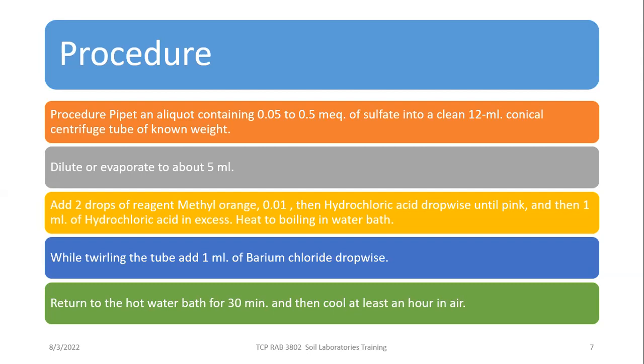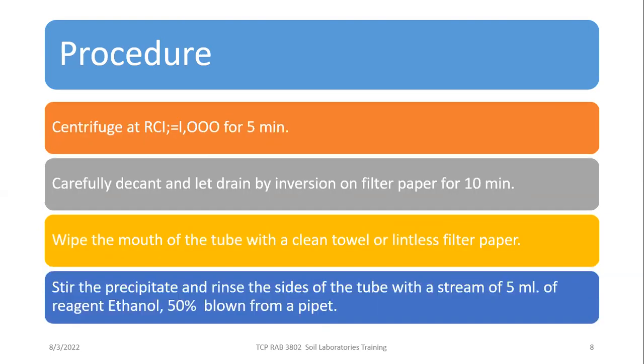This process will produce barium sulfate. Then you have to centrifuge at 1000 for 5 minutes, and then you separate the precipitate from the solution.